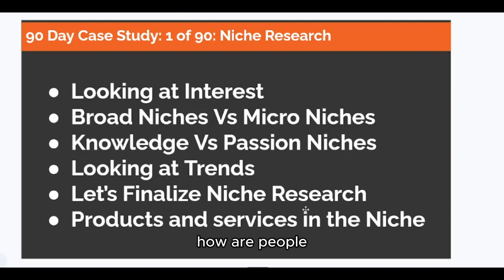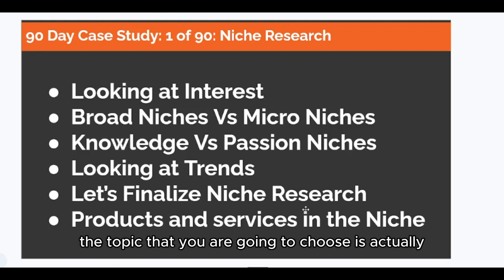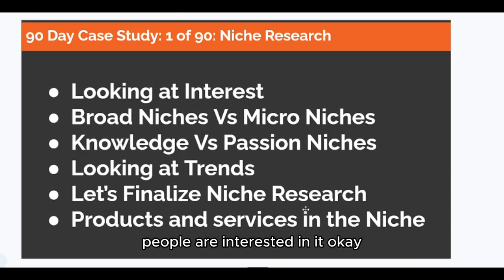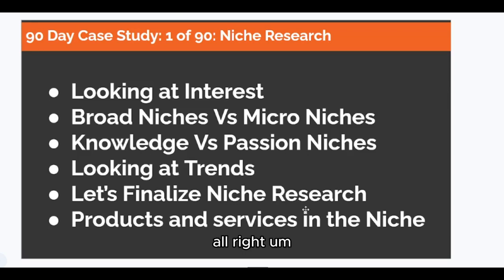How are people taking this interest into consideration? You have to do all these background checks to know that the topic you are going to choose is one people are actually interested in. Then after that we finalize our niche research. So everything is going to be in that order.